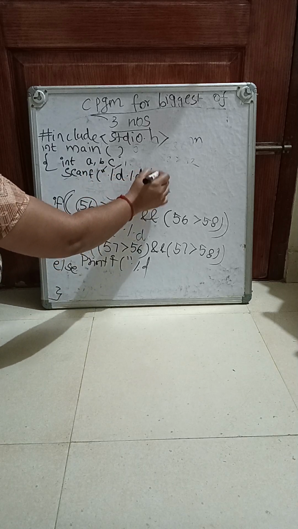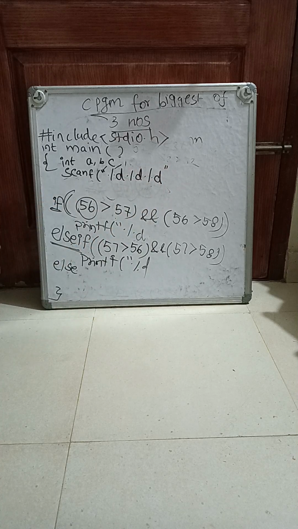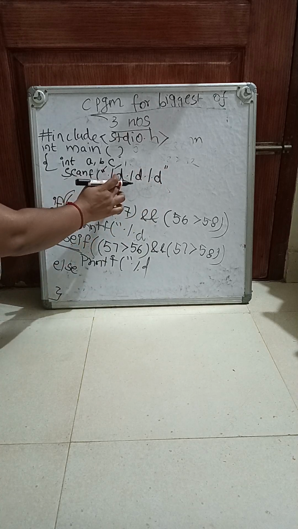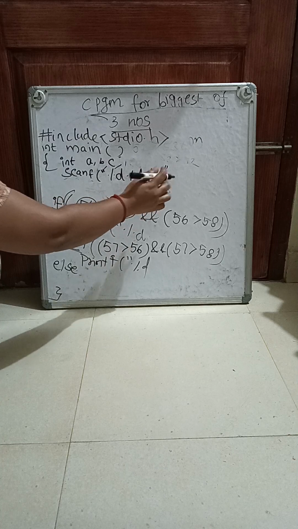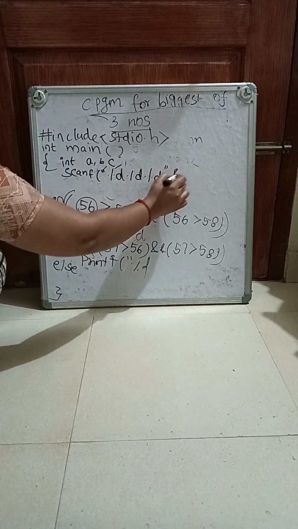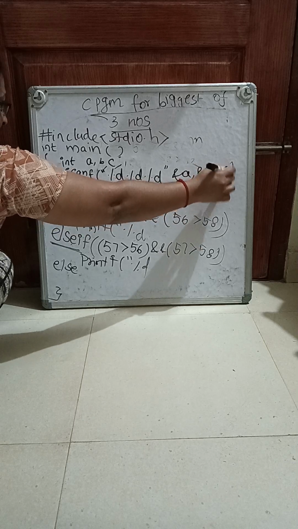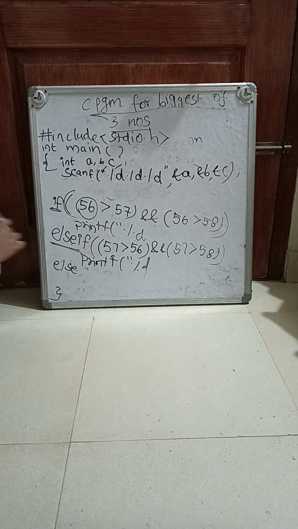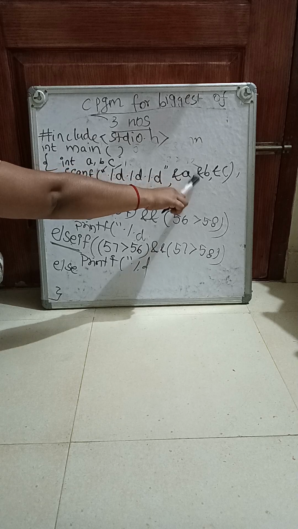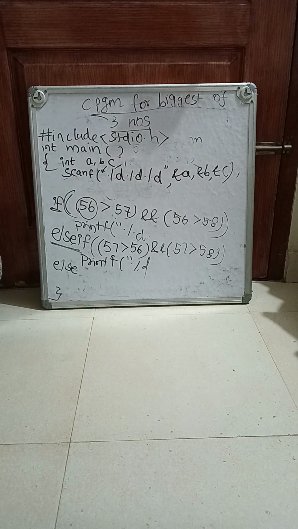So I have to use three format specifiers, %d, %d, %d, storing those values at three locations: &A, &B and &C.